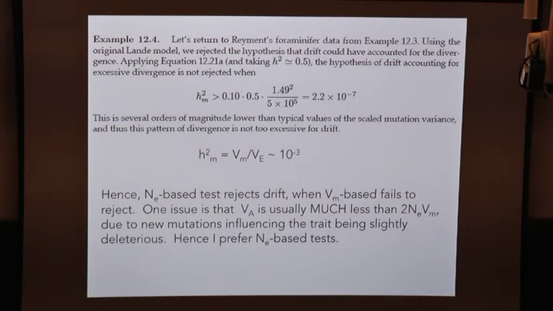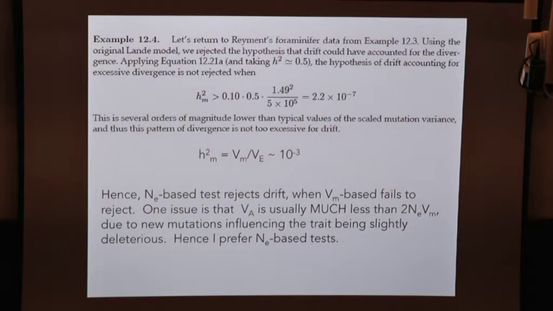So what Turelli did was he went back and took the exact same data and plugged it in, and his analysis basically says that if your mutational heritability is bigger than this amount, you can account for that pattern by drift alone. Remember, as mutational variation gets bigger, you get more divergence under neutrality. So I want to get a critical level below which I can't account for the pattern of divergence I see, and above which I can.